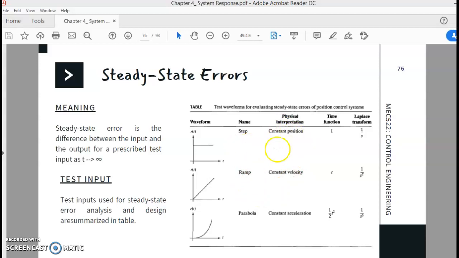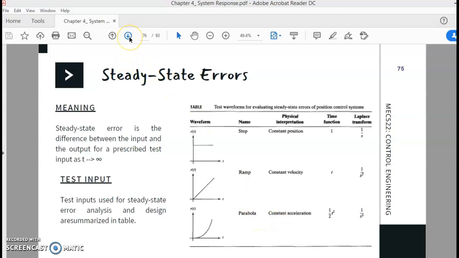This column shows the function in time: the step is 1, the ramp is t, and the parabola is 1 over 2 t square. For the Laplace transform, the step is 1 over s, the ramp 1 over s square, and the parabola 1 over s cubed.